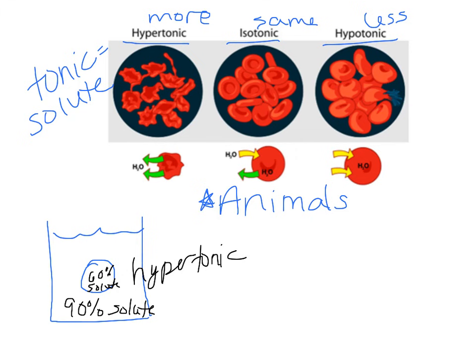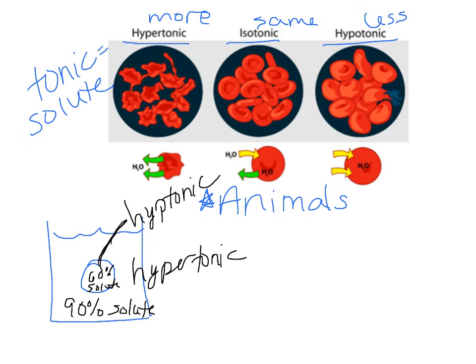If my solution is hypertonic, then my cell has to be hypotonic. Okay, and that would make sense, hopefully, right? 90 is bigger than 60. Tonic refers to the amount of solute. So if I have 90% solute, then my solution is hypertonic to my cell that only has 60% solute.